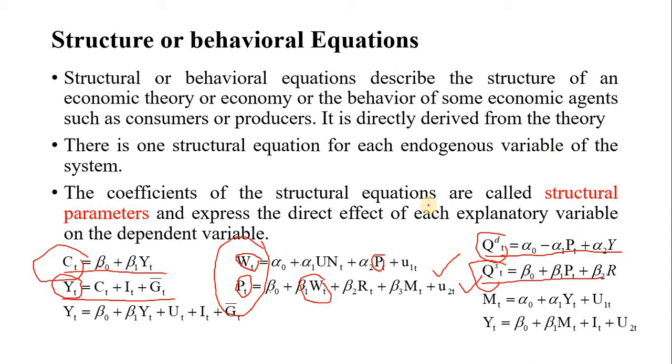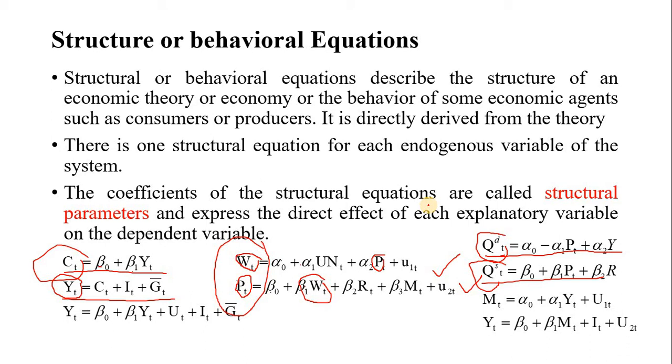Okay, and these express the direct effect of each explanatory variable on the dependent variable. Okay, how the changes in the independent variable will influence the dependent variable, all these structural parameters will describe.